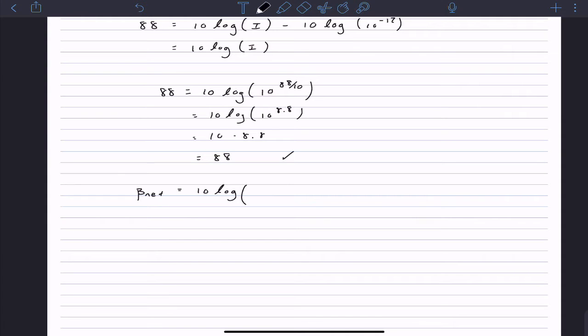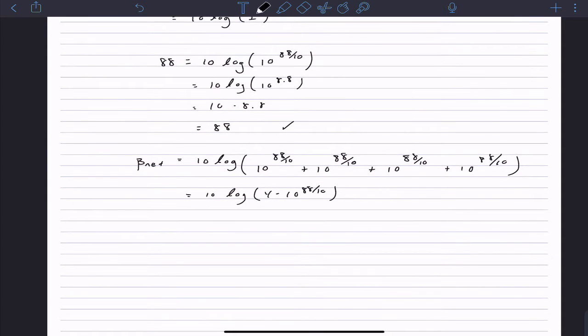So we take each intensity: the first one is 88 over 10, the next one is 88, they're all at 88. So we have this relationship. You could just plug that in directly and find the answer.